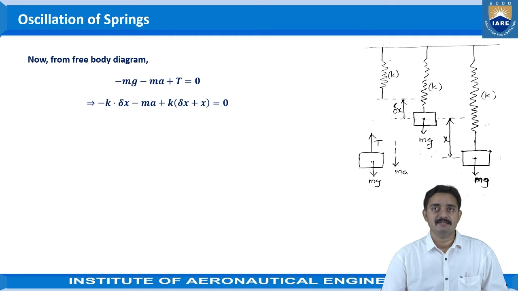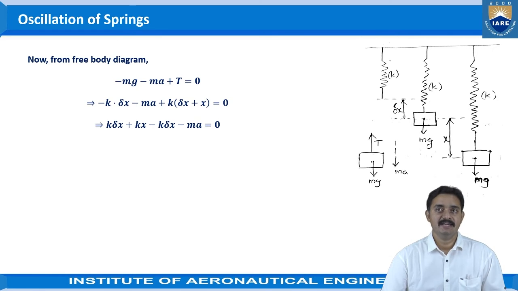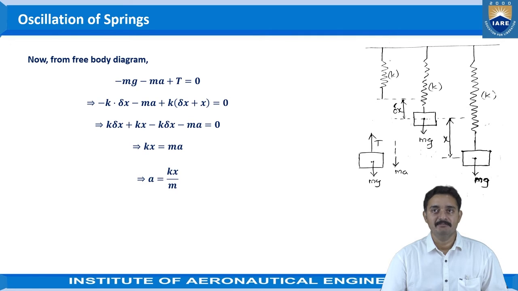From this, we can write minus K into delta X, which is the value of mg, minus ma plus K into (delta X plus X) is equal to 0. If we further simplify this, we can write K delta X plus Kx minus K delta X minus Ma is equal to 0. This will give Kx is equal to Ma.